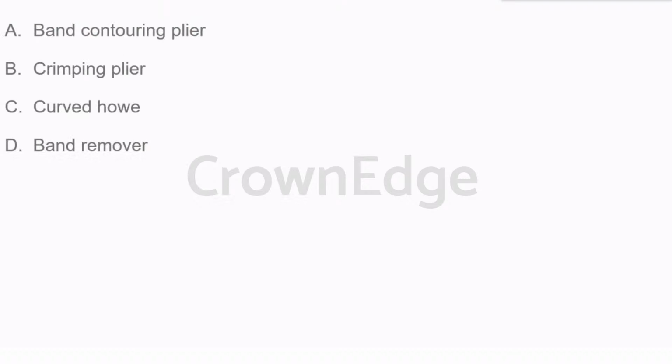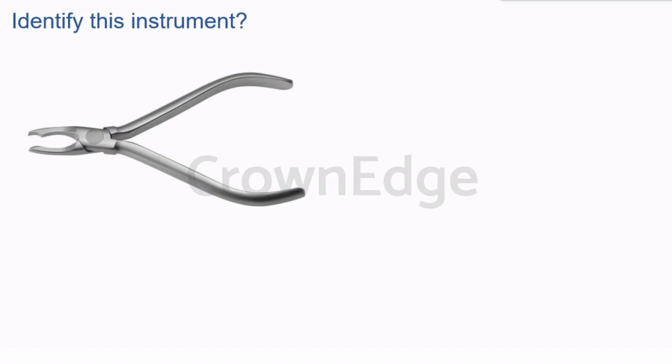I'll get back to your options again. Is this an image of a curved hoe, crimping plier, band remover, or a band contouring plier? Okay, if you're giving, this is a Johnson's contouring plier.